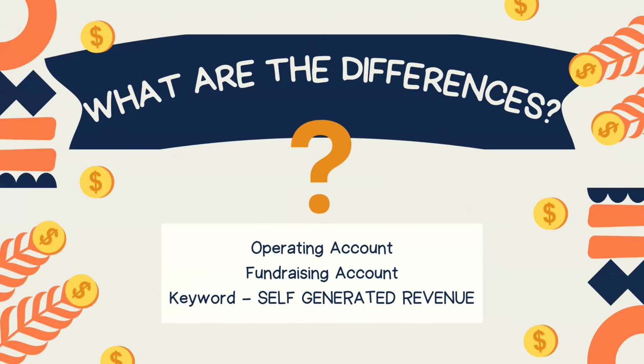So what are the differences? Like I mentioned, operating accounts are linked to operations of a student organization. Like I mentioned in the last slide, these are mostly used for SABC allocations, purchases, charges via that avenue. All operating accounts, and this is important, so if you're halfway paying attention, pay attention now.